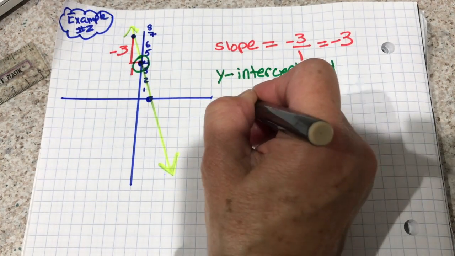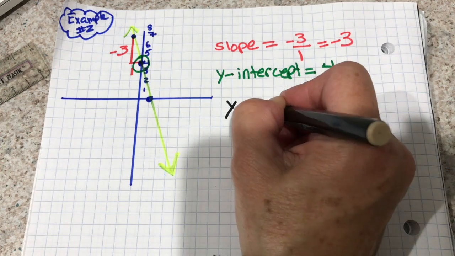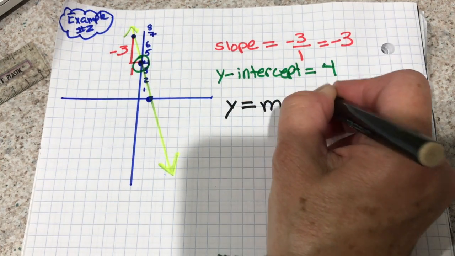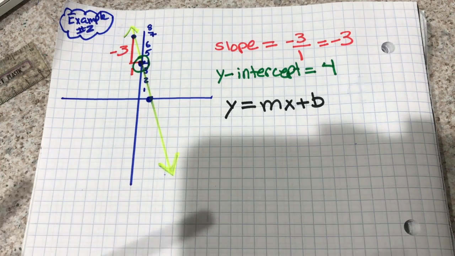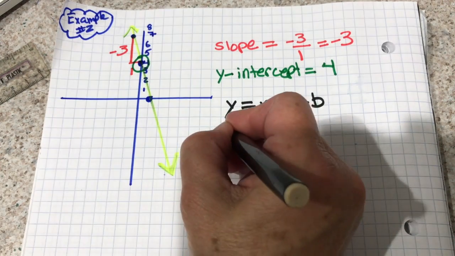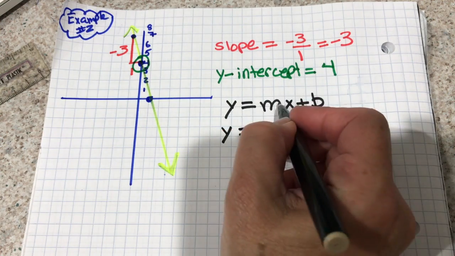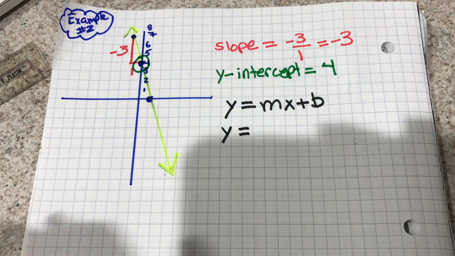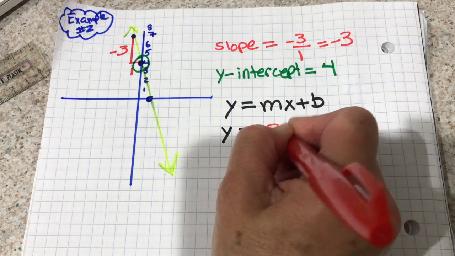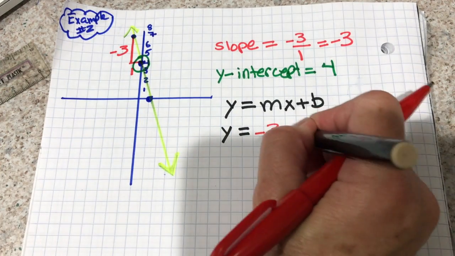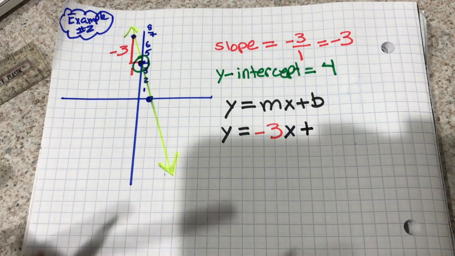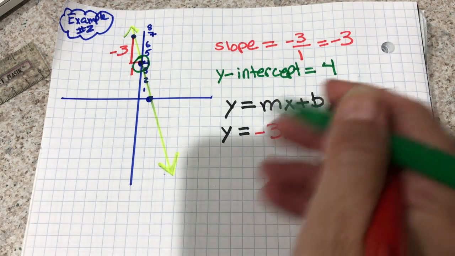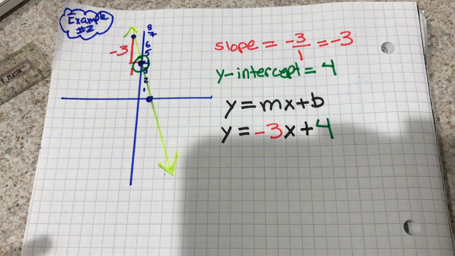Y equals mx plus b. X and y come from the table, so we just need to rewrite it, putting in the slope, which is -3, x, plus +4. And here is our equation for the line.